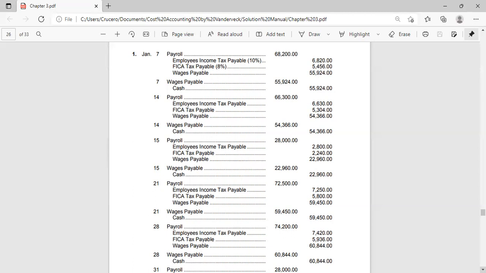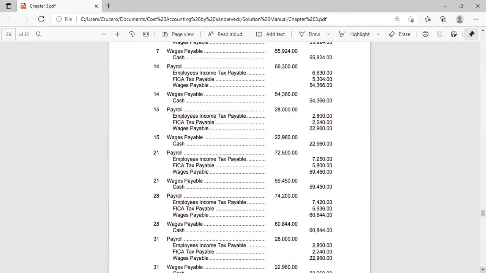Then on the 28th, you should check for the payment of the payroll. We now debit wages payable and credit cash.